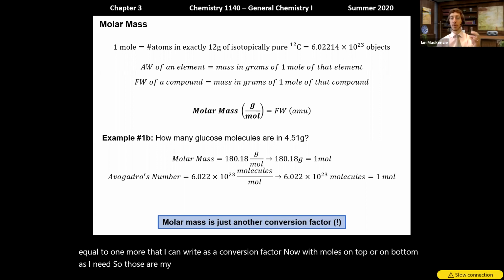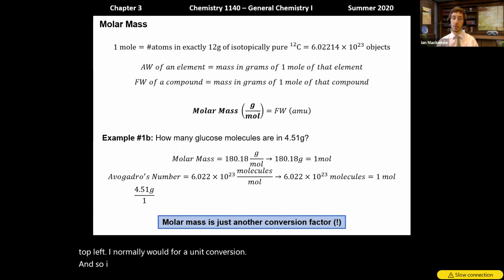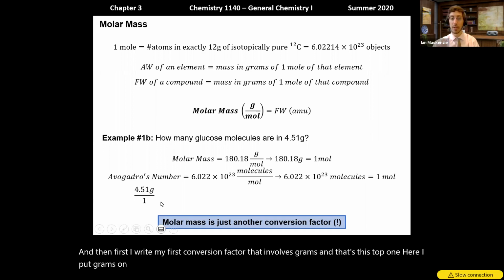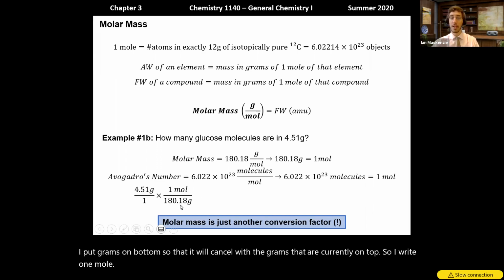And I start by putting my known value in the top left, like I normally would for a unit conversion. And so I write 4.51 grams over 1. And then first I write my first conversion factor that involves grams, and that's this top one here. And I put grams on bottom so that it will cancel with the grams that are currently on top. So I write 1 mole over 180.18 grams.